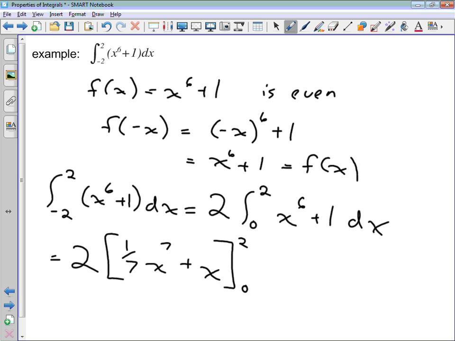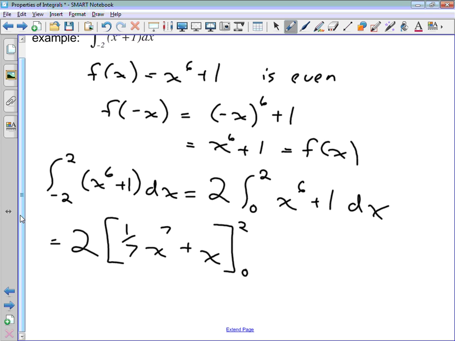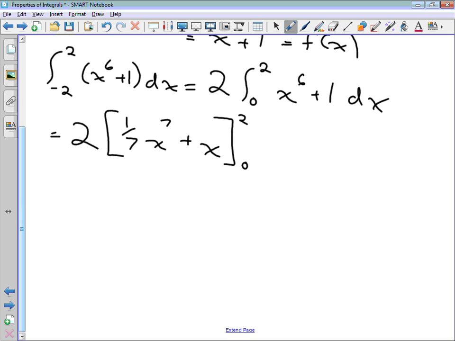Why has doing this made our integral a little bit easier? Because now one of our limits of integration is x equals 0, and it's super easy to evaluate this function at x equals 0. So we are going to have our antiderivative here evaluated at 2, okay? And then we would subtract this function evaluated at 0, but we know it's just going to be 0.